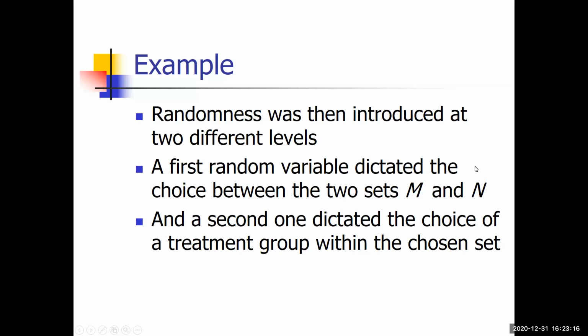So that's the first randomization. The second one dictated the choice of a treatment group within the chosen set. So if you come up with a random number and this patient is to be randomized into M, then in the next step you do another randomization to allocate this patient into B or C. So that's how the minimization is performed.